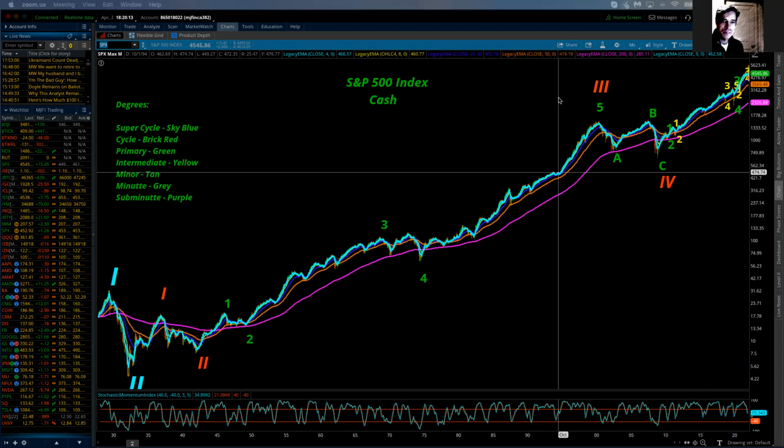And so what that tells us right now is that on that super cycle degree level, we are now getting ready to, if not have already dropped into, the infancy stage of a longer term super cycle degree fourth wave.